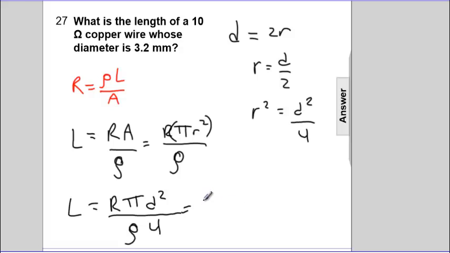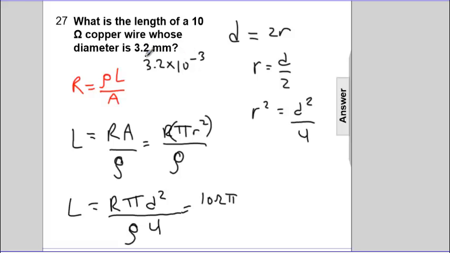So what is resistance? That's 10 ohms times pi times the length, or equals the length. What is the diameter? 3.2 millimeters. 3.2 millimeters are 3.2 times 10 to the negative 3 meters. So we have to be careful here.